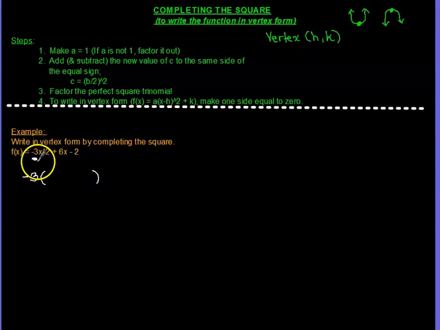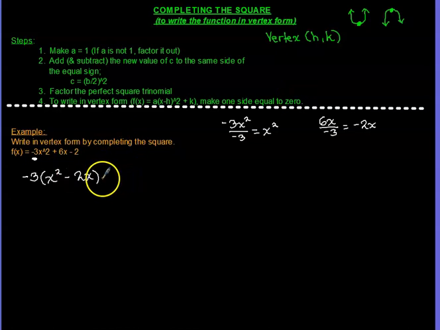Negative 3x squared over negative 3 would just leave me with 1x squared, which I'll just write there. And then the positive 6x, if I factor out negative 3, I'm left with negative 2x. So I'm only going to factor negative 3 out of the first two terms. I'm going to bring down the minus 2.